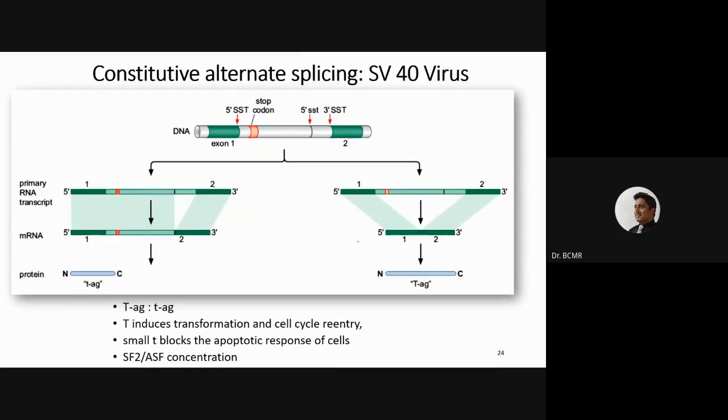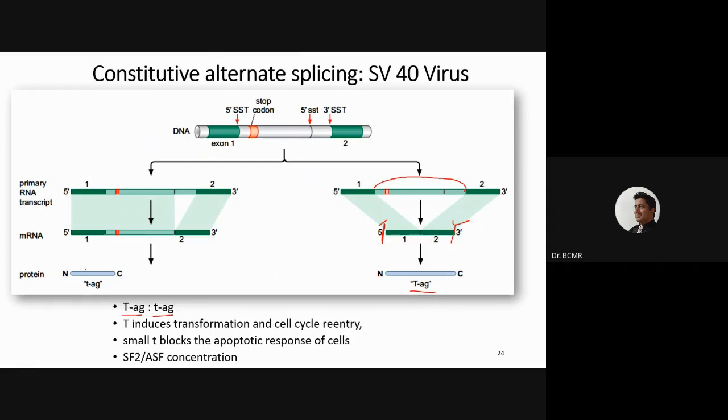We also discussed capital T antigen and small t antigen, right? And here what happens is, in the normal one, the exon splicing happens between 1 and 2 perfectly, and it produces an open reading frame from here to here. Start codon and stop codon will be here, and so you will get capital T antigen, which is large compared to the smaller one.